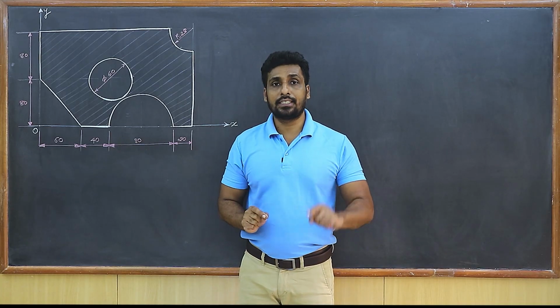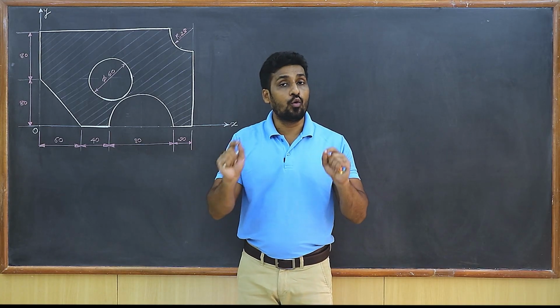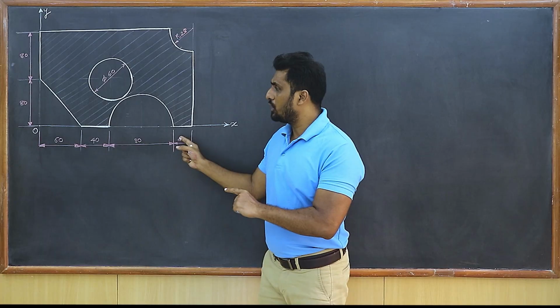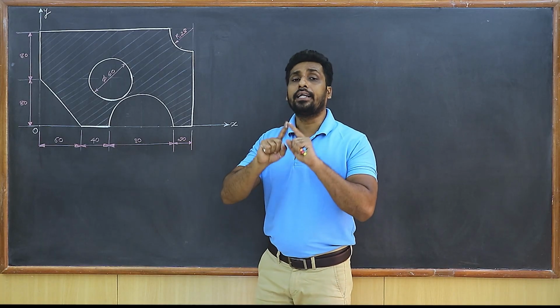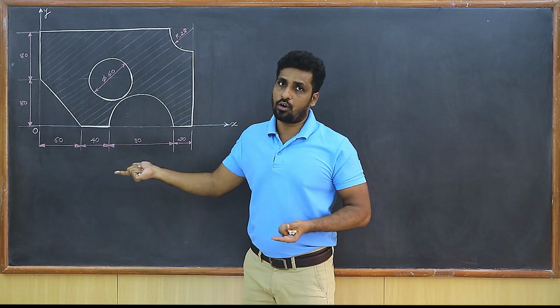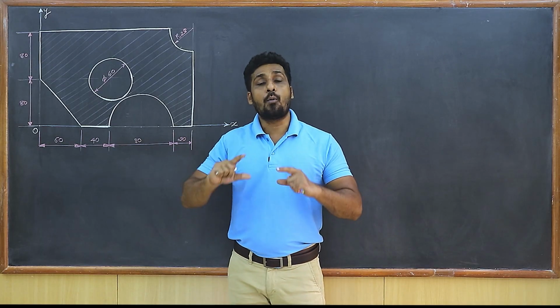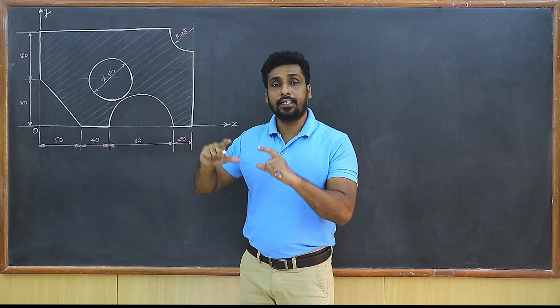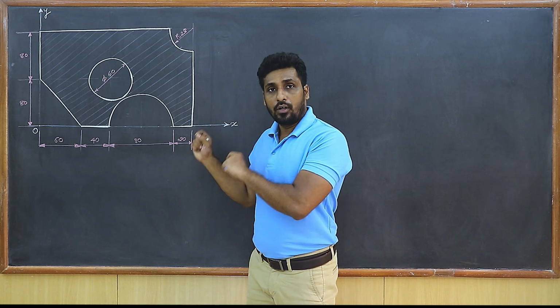The reason for this is that the values of x bar and y bar will always be positive. In our question at this moment, you can observe that the entire composite shape is by default kept in the first quadrant. So I need not worry about placing the solid or the plane figure in the first quadrant.